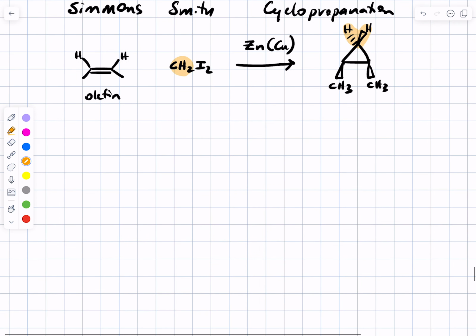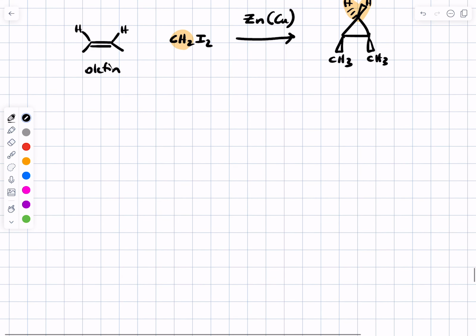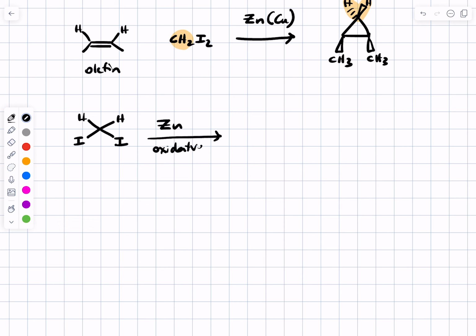So how does this occur? I'll draw you some of what's in the text and maybe provide just a little bit more mechanistic detail. Here is the diiodomethane. And then zinc will undergo what would be called oxidative addition.